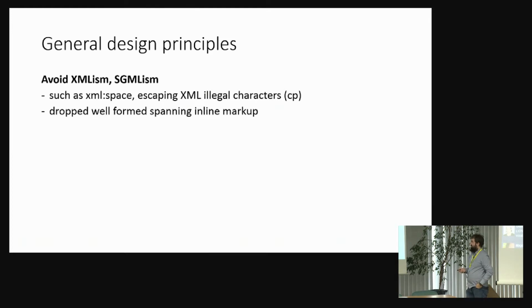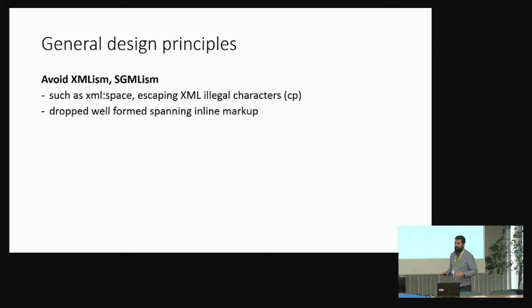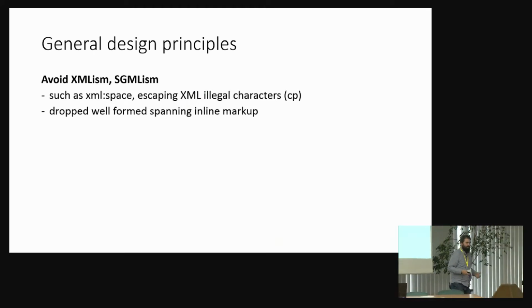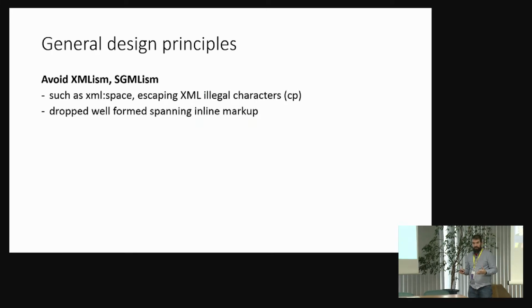So, general design principles. I know that there are a lot of tools that would make JSON out of XML and XML out of JSON. But the problem is we need something that has guaranteed round trip, guaranteed semantic interoperability, that behaves the same way after you've modified it in JSON.